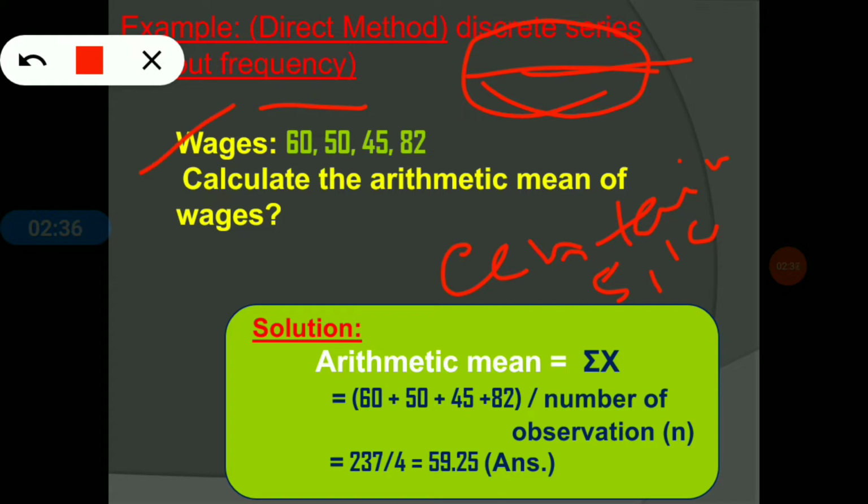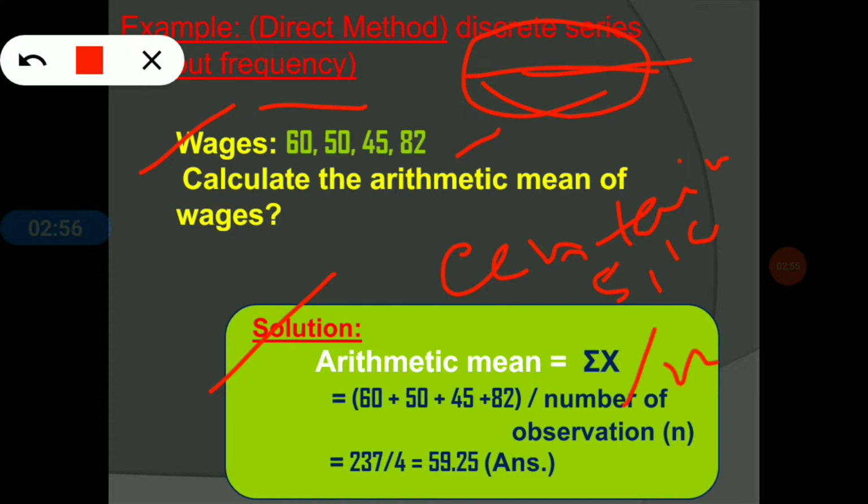There is a wages series. There are 4 values: 60, 50, 45 and 82. Now move on to the solution, and we all know that the arithmetic mean is equal to summation x by n.